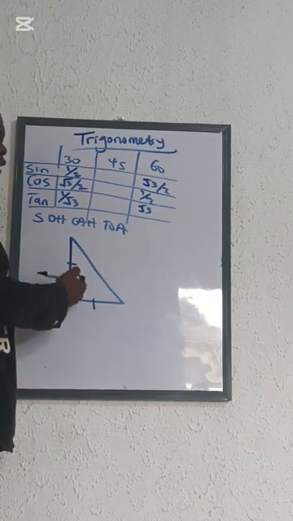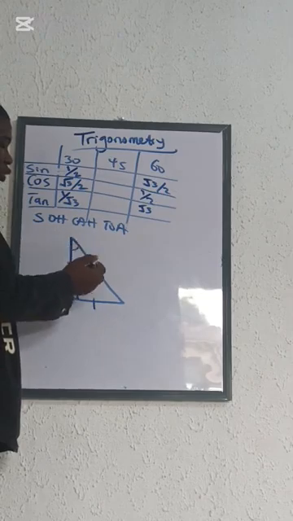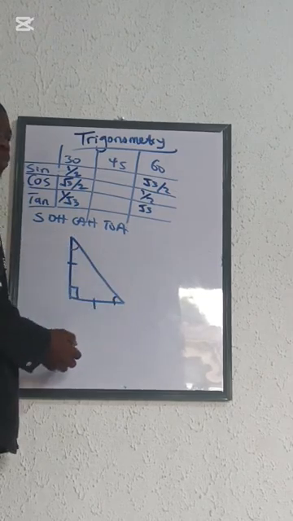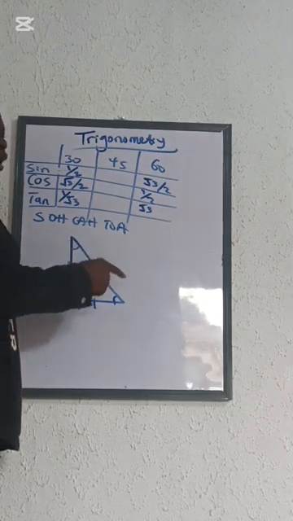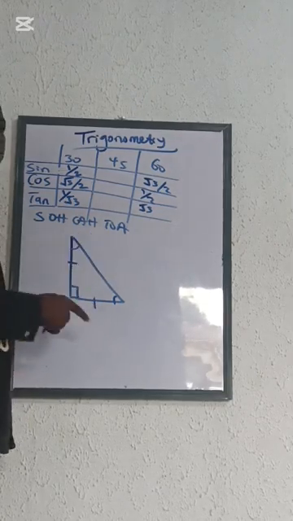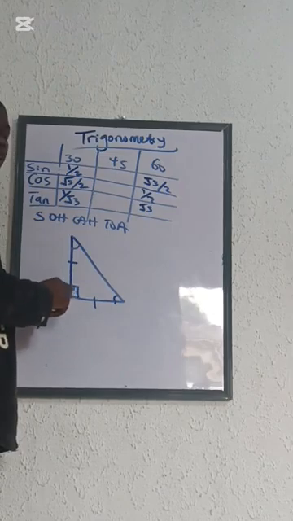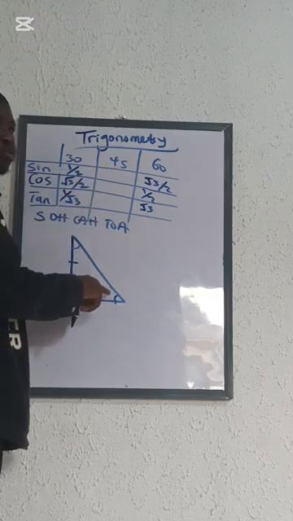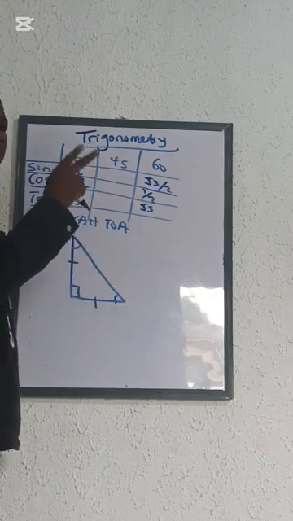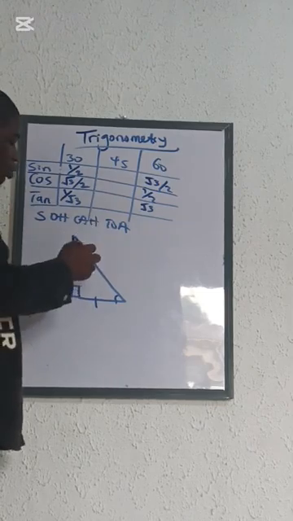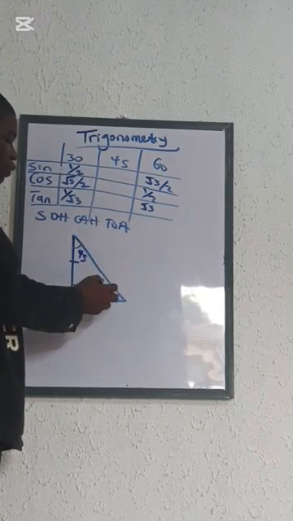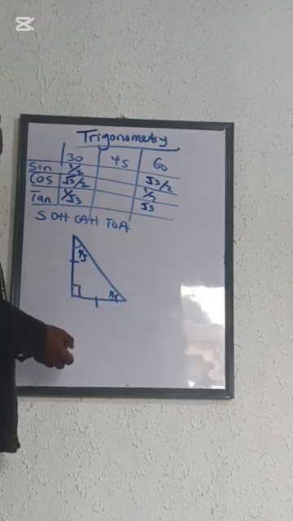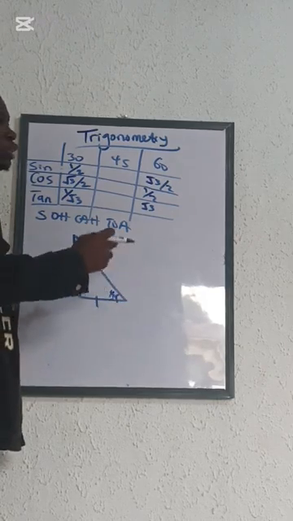If these two sides are equal, it means these two angles are equal. If this is 90 and the sum of angles in a triangle is 180, if you remove 90 from 180, we have 90. If these two are equal, we share it by dividing by 2. 90 divided by 2, we have 45, and 45. Are we following?